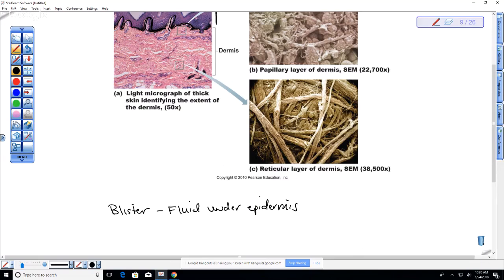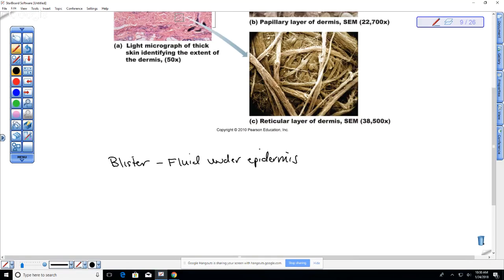There is also a genetic disease that leads to blistering and sores, which is called epidermolysis bullosa. And I mentioned this before. This is the butterfly children.